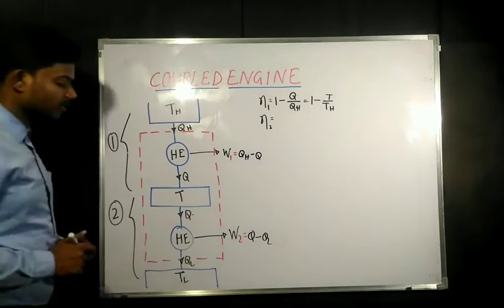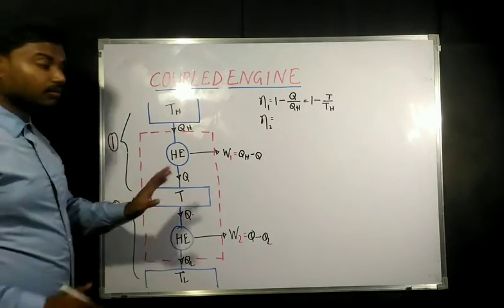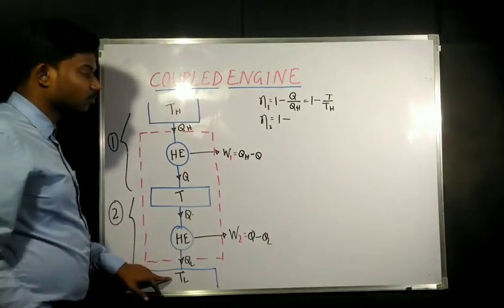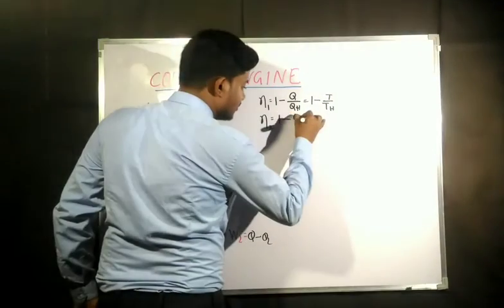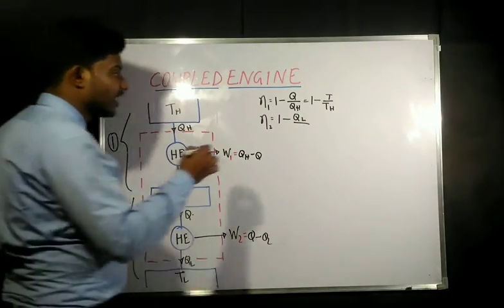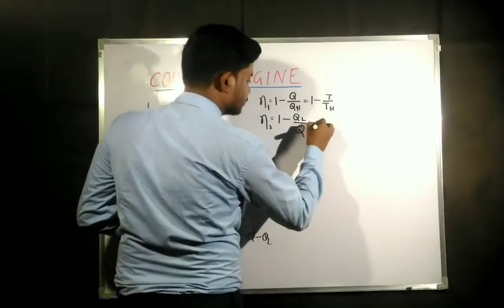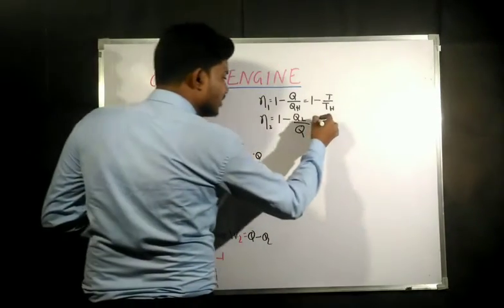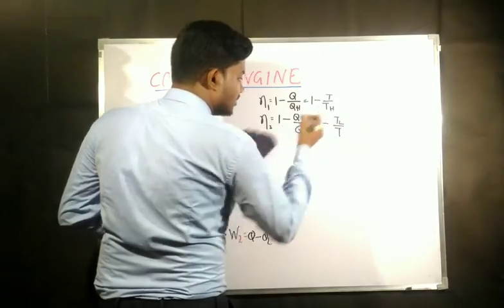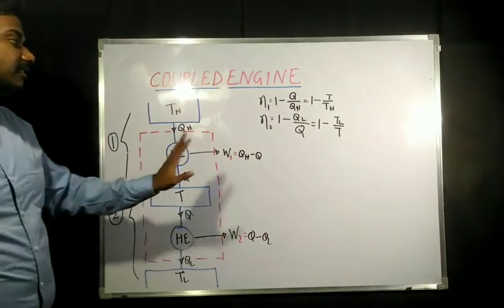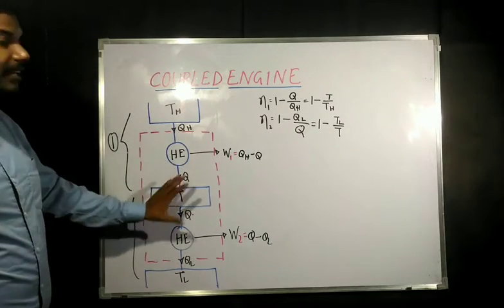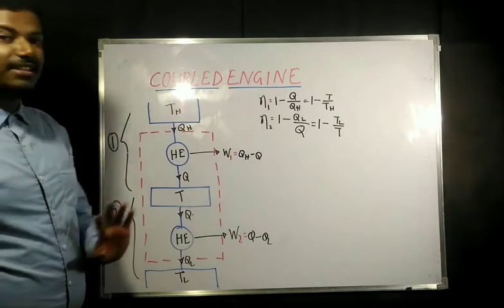It is 1 minus the lower temperature QL divided by the higher temperature Q. If this is reversible, again we can write 1 minus TL by T. These are the efficiencies of this coupled heat engine, heat engine 1 and heat engine 2.